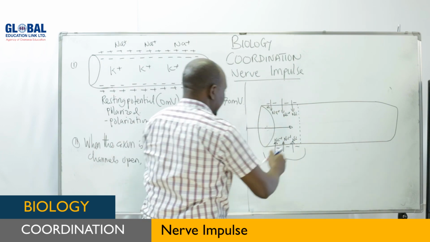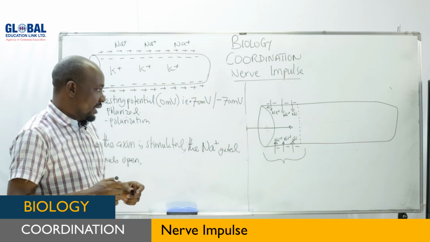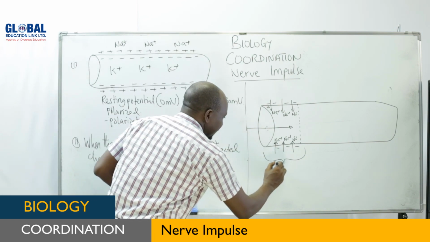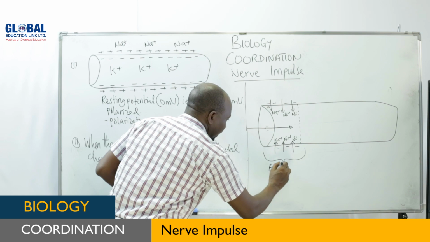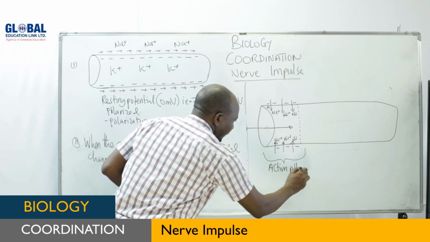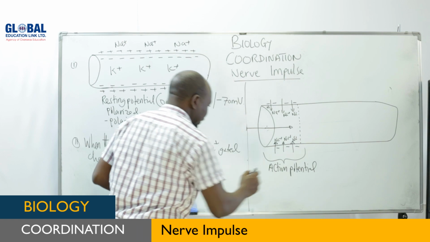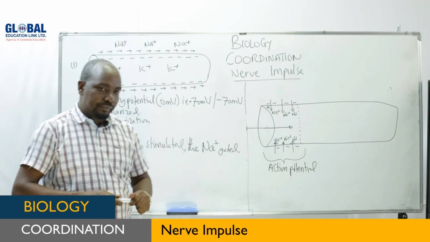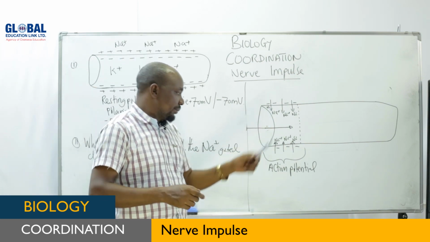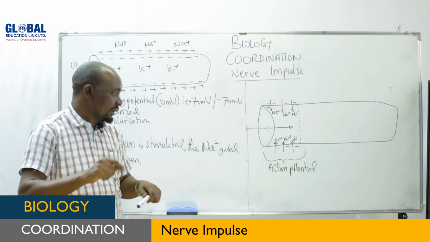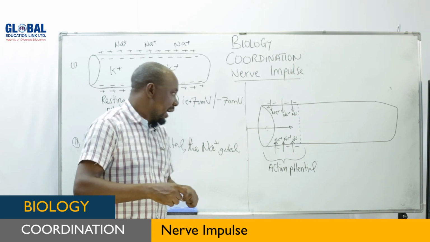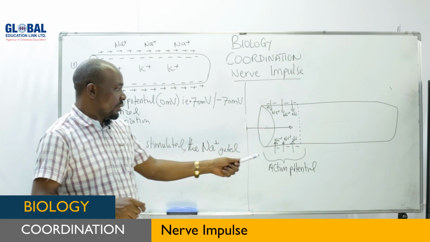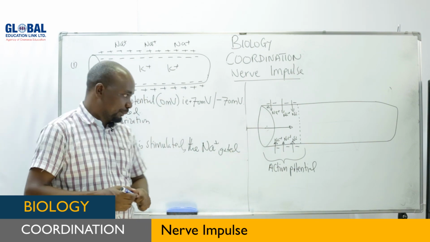And this piece is conducting the nerve impulse. So the situation now is described as an action potential. The action potential is the potential difference across the axon membrane when it is conducting the nerve impulses, where it is more electropositive inside and more electronegative outside.